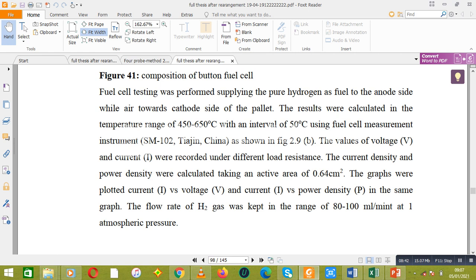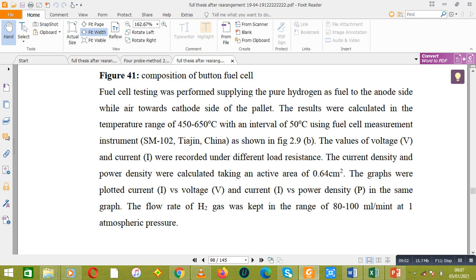The instrument shown beneath this paragraph gives two values: one is voltage and the second is current. They are recorded under different load resistances.